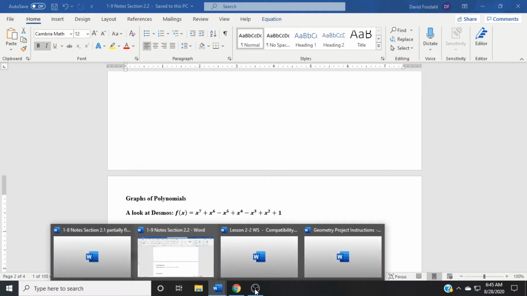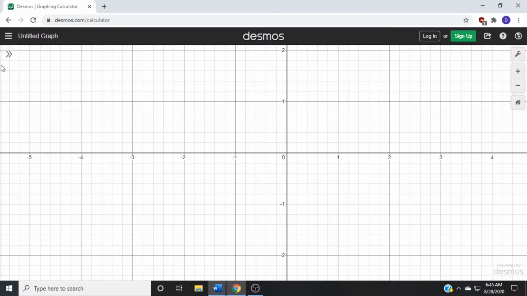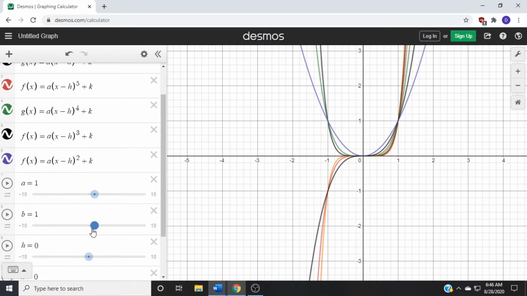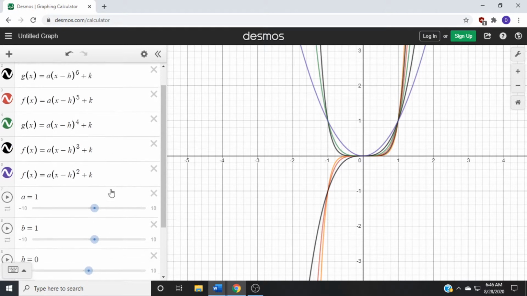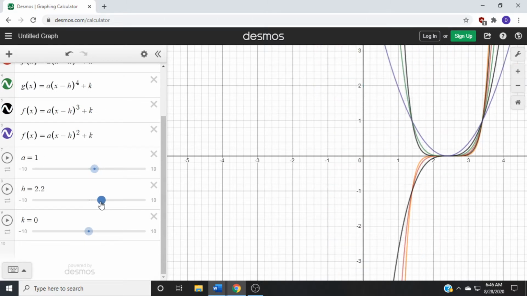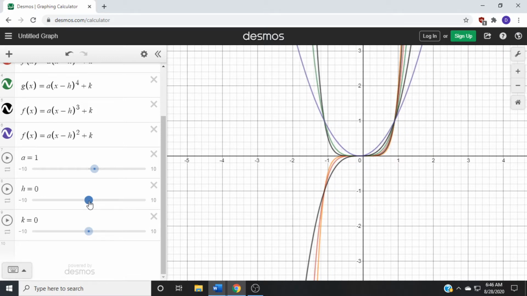And what I want you to notice is that our polynomial functions are all going to have smooth curves. So even if we're changing our, we don't have any b, do we? No, we don't have any b. Okay. So even if a is changing, these graphs are going to have smooth curves.